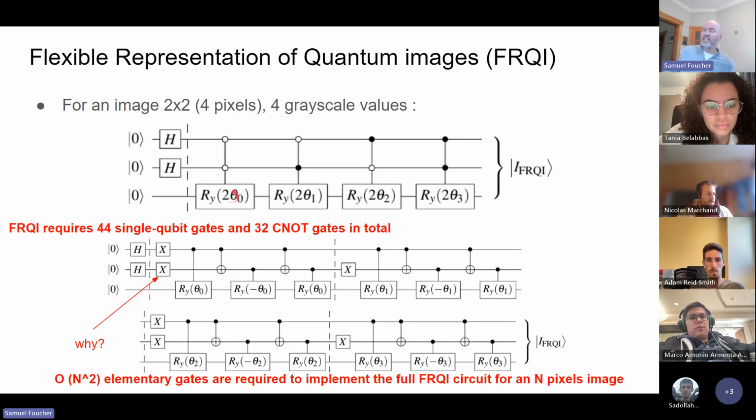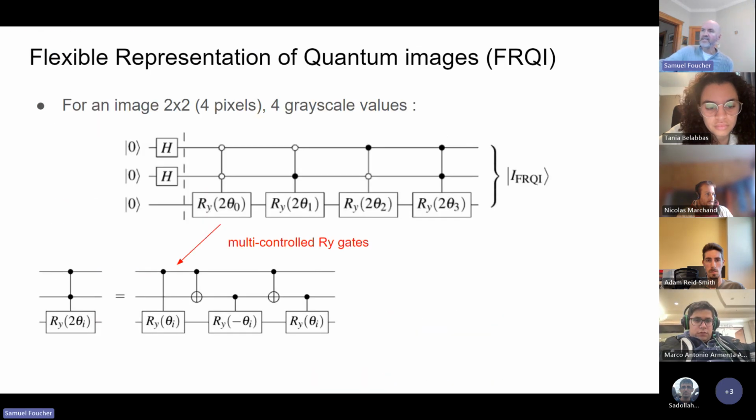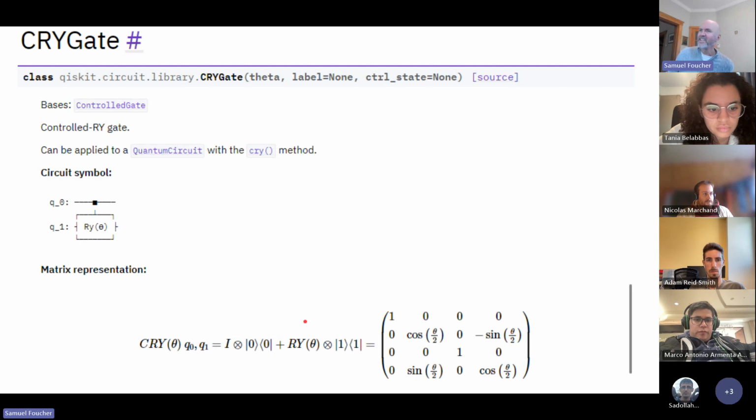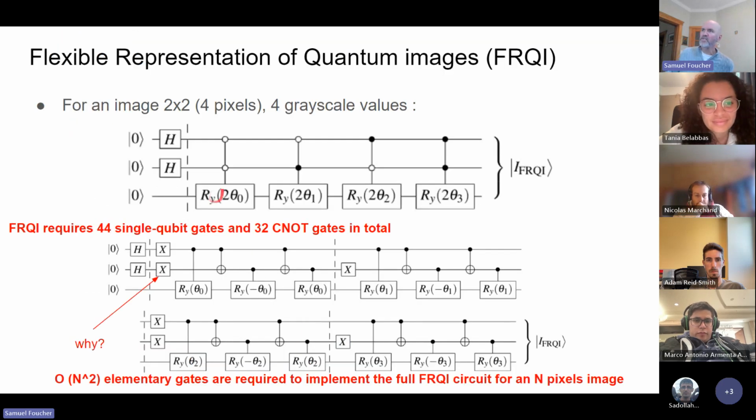So when you explode each one of the multi-control RY gates, each one is exploded like we have here, it gets a little bit wild just for a 2 by 2. So each one of them is exploded here. The second one is exploded here, and so on. So for a 2 by 2 image, so 4 pixel values, you get 44 single qubit gates and 32 CNOTs.